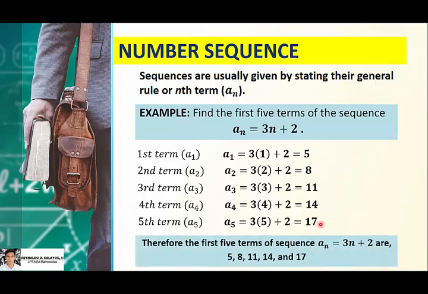From this, we can conclude that the first 5 terms of the sequence represented by the general rule or end term 3n plus 2 are 5, 8, 11, 14, and 17.